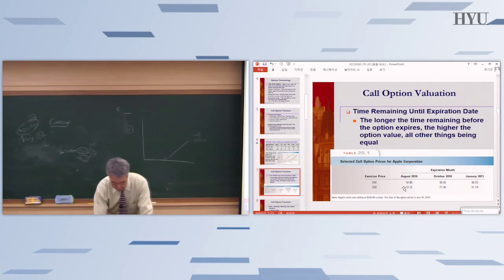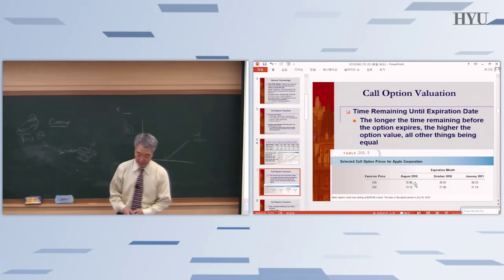And we have 3 different options: August option, October option, January option, right? And at that time, we have 2 different exercise prices. Right? So August 2010 Apple option at strike price of $240 was selling at $18.90, right?